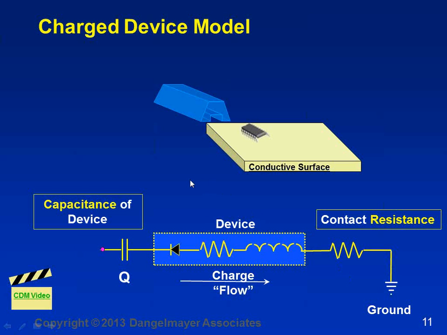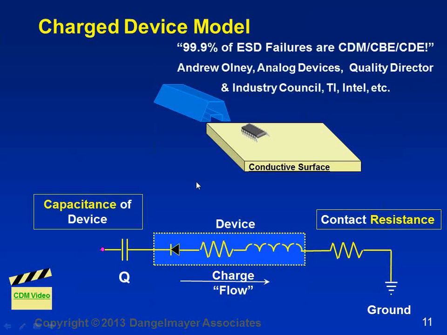Now, what many people are unaware of is that the vast majority of failures today are CDM in nature. You might want to, in your own mind, guess how many overall, industry-wide, are HBM versus CDM. What percentages? Well, here is the latest thinking and wisdom on this.